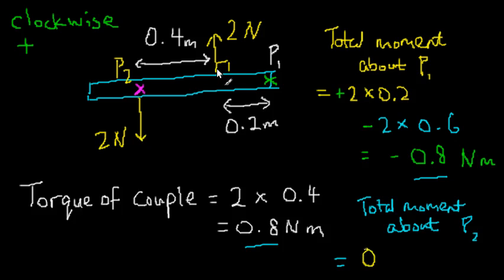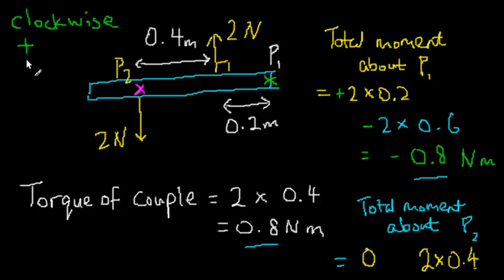What about that force? That force is 2 times 0.4, where 0.4 is the perpendicular distance between the pivot and the line of action of this force. So 2 times 0.4. And the sign: this force has an anti-clockwise turning effect.